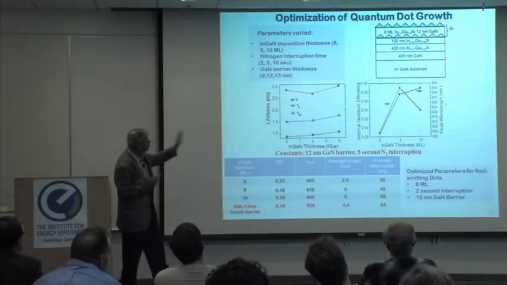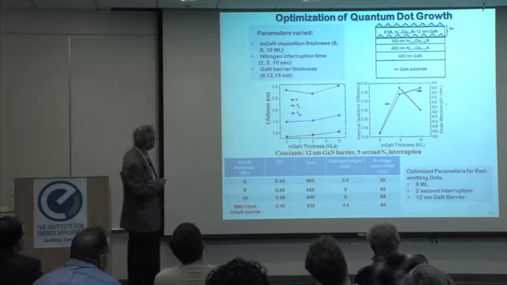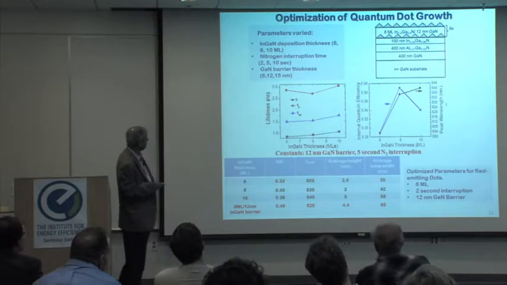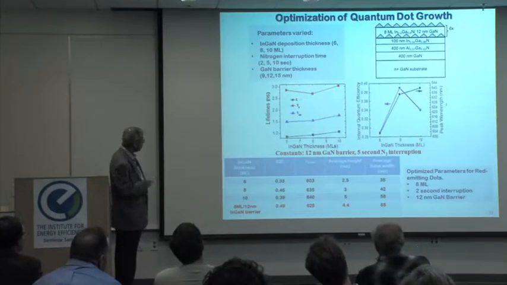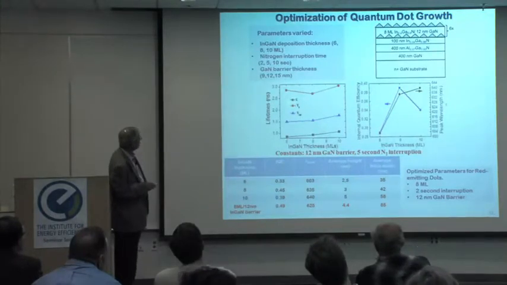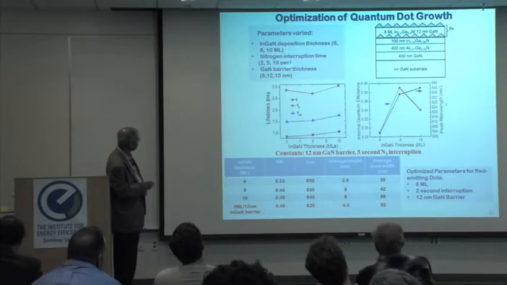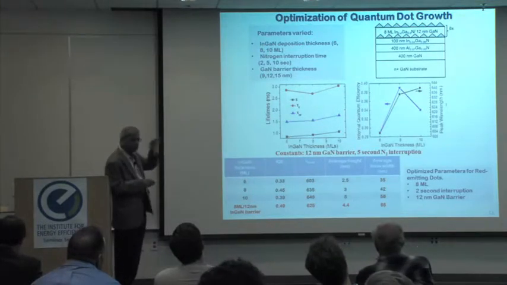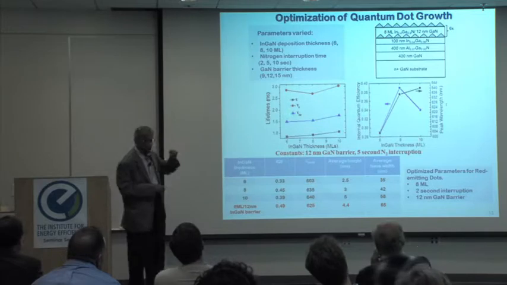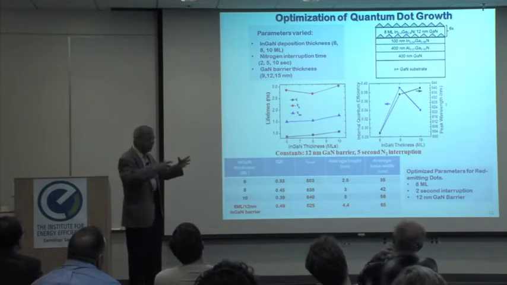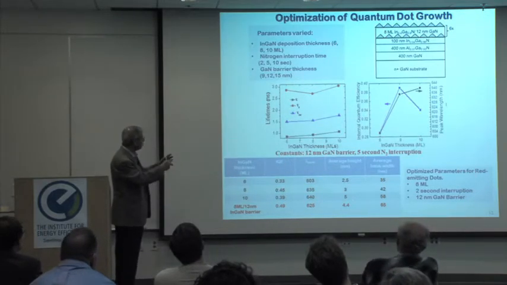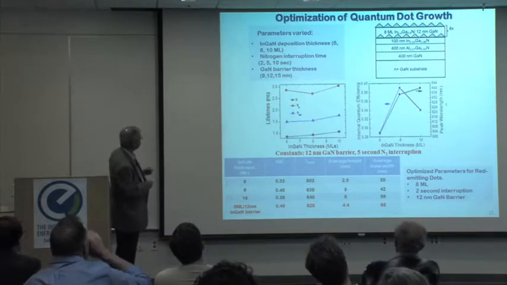So we did a lot of things to make them device worthy. Of course, you have to do a lot of things to optimize the dots, mainly their quantum efficiency and so on. So we varied 3 parameters. One was the indium gallium nitride deposition thickness. Second, we did a nitrogen interruption after growth of the dots, and this allows the movement of the atoms to form the dots and so on.